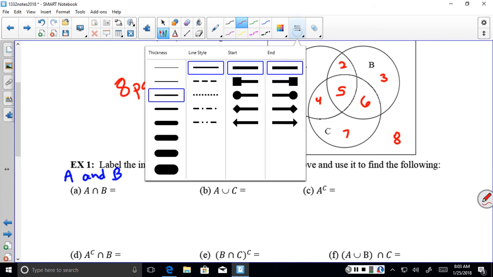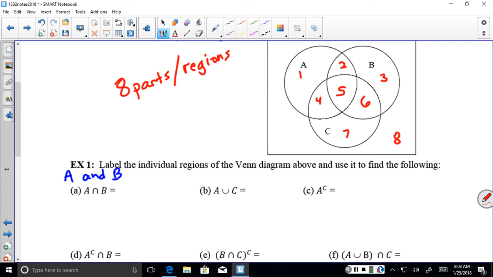So doing it in pieces, we have our intersection here, which means and. On the left side, it says A. So I'm going to write down all the elements that are in circle A. Circle A has the numbers 1, 2, 4, and 5 in it. On the right side, it says B. So I'm going to write down all the numbers that are in circle B: 2, 3, 5, 6.